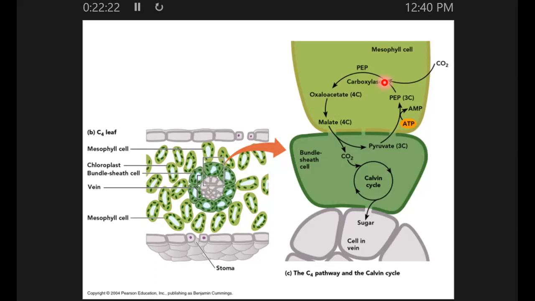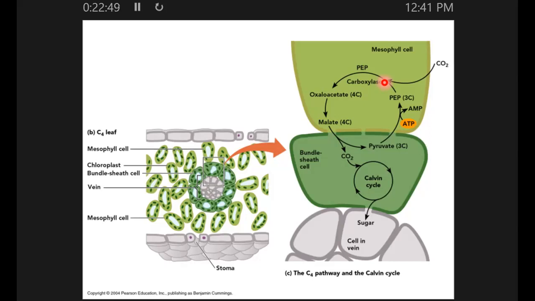These C4 plants will win in dry, hot conditions where there are stretches of drought, but it's still really hot out. They do better. They can have a more efficient photosynthesis rate, greater production of sugars, greater overall biomass. They'll complete their life cycle in a timely fashion. So they win in those types of habitats.